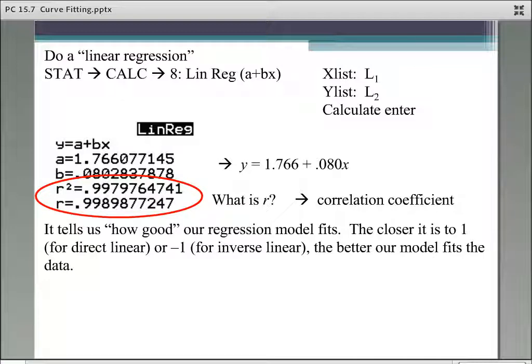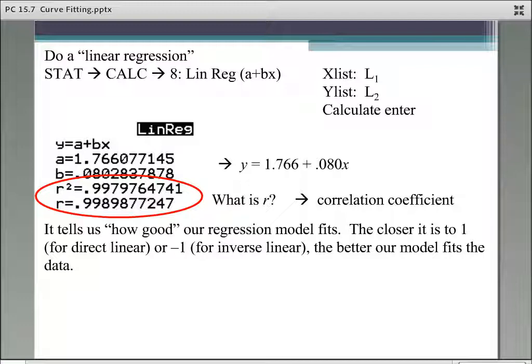The closer r is to 1 for a direct linear relationship, or to -1, like an r equals -0.9989, which just means an inverse linear relationship, the better our equation fits the data.